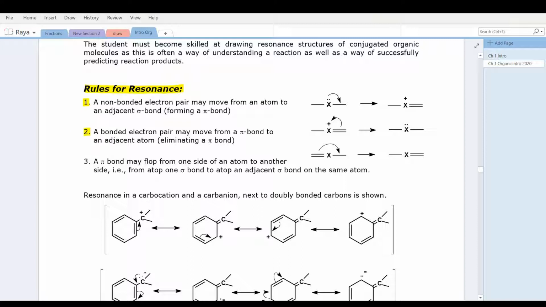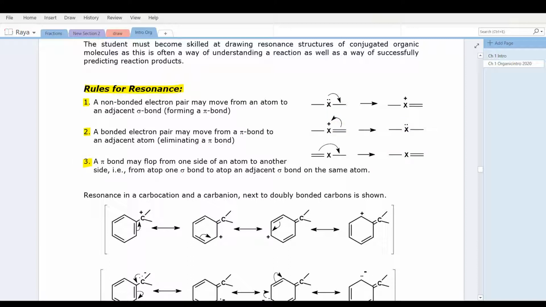Rule number 2 is the exact opposite of rule number 1. A pi bond that's directly connected to an atom can become a non-bonded pair of electrons on that atom. So now the atom gains an electron and its charge will become more negative by 1. In this case, this atom owns 3 electrons and is positively charged. Now it owns 4, so it's neutral.